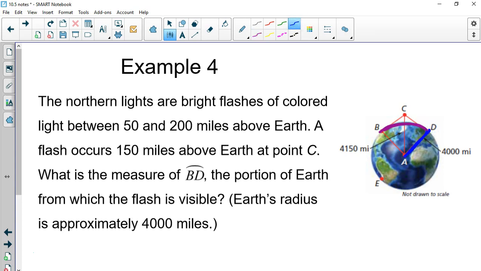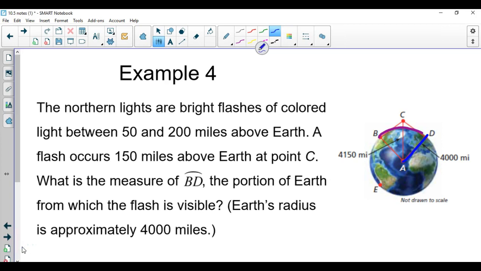So let's see how to do that. Now there's a very long, convoluted way of doing this, and I'm just going to run through it real quickly. You don't have to write anything down, just listen so you can understand. This is putting together everything that we've done so far. This line and this line are tangents, which means they're perpendicular to the radii here and here.